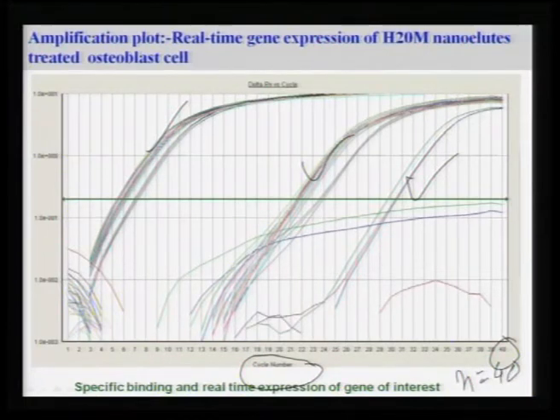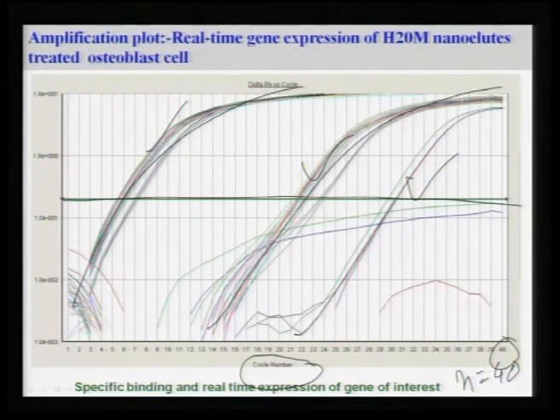Now, these cycles, what you see, this is the reference value, and with increasing cycle number your genes of interest are actually amplified. All the genes of interest are amplified. Okay. Now, these genes of interest can be either osteocalcin or CBFA1 or different types of genes.